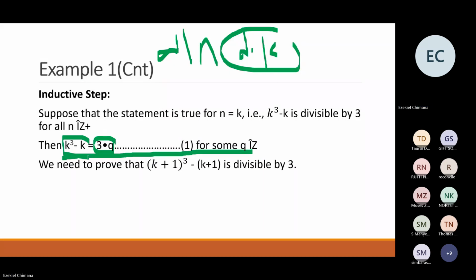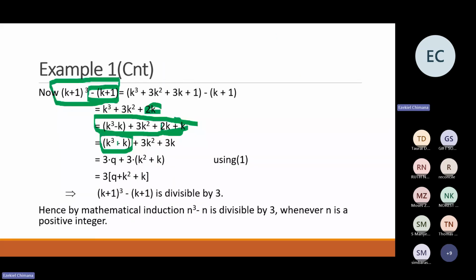Remember, you must always use the assumption, the inductive hypothesis. So we end up having k cubed minus k equals 3 times q. We replace this one by 3q. After that, you can factor out 3 and you have k squared plus k. So if you factor out 3 from all this, you're going to have q plus k squared plus 1.